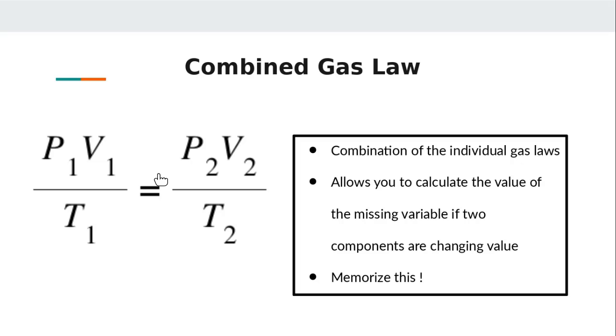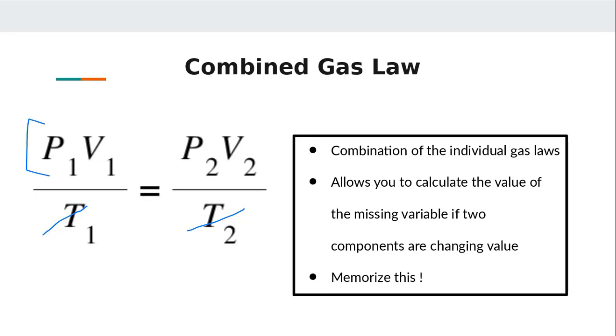And you'll notice that you can essentially memorize just this equation and you'll have the other three gas laws, right? For example, Boyle's law, we have a constant temperature, right? So at constant temperature, your T1 and T2 are going to be equal to each other. So if you just start off with your combined gas law, you cancel out T1 and T2.